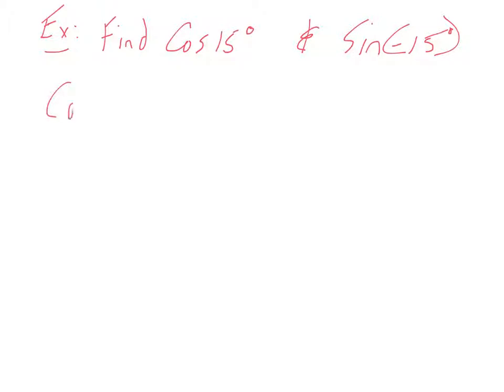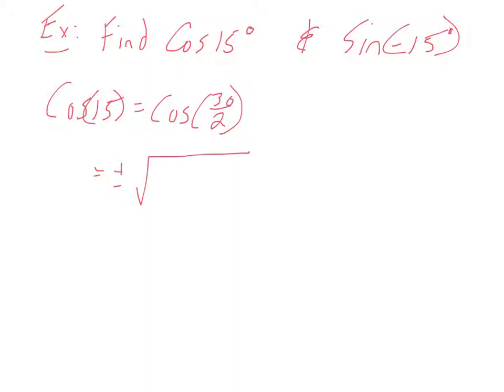So cosine 15 is the same as cosine of 30 over 2. And so using the half angle formula we developed, that's equal to plus or minus the square root of 1 plus cosine 30 over 2.